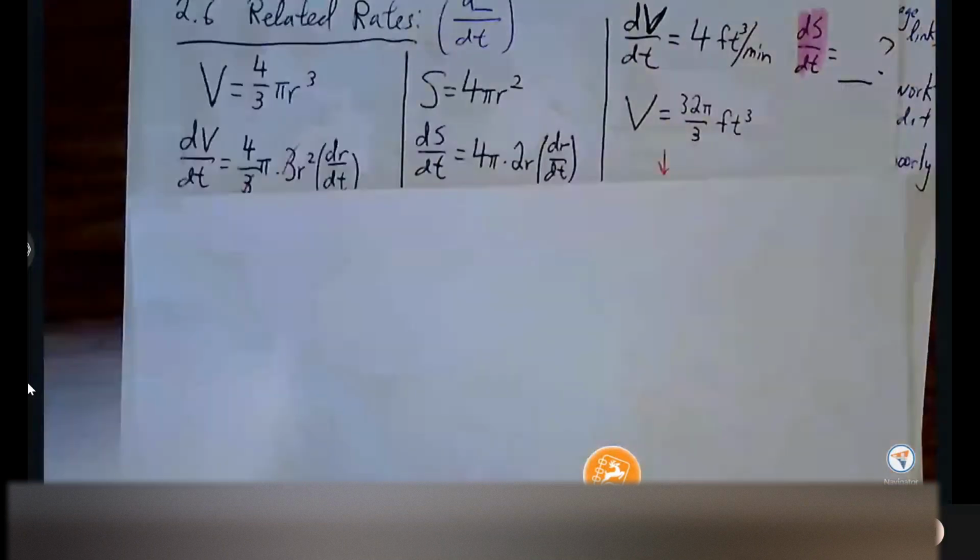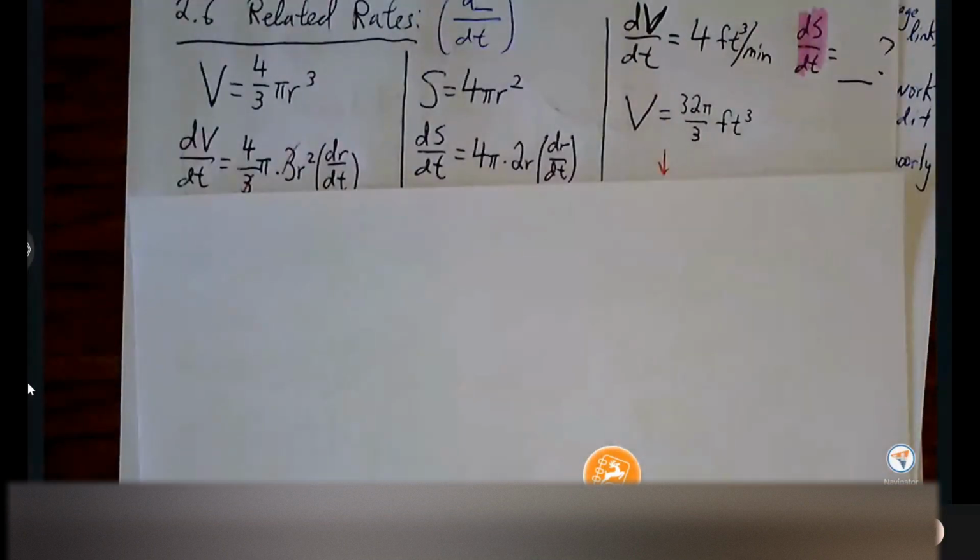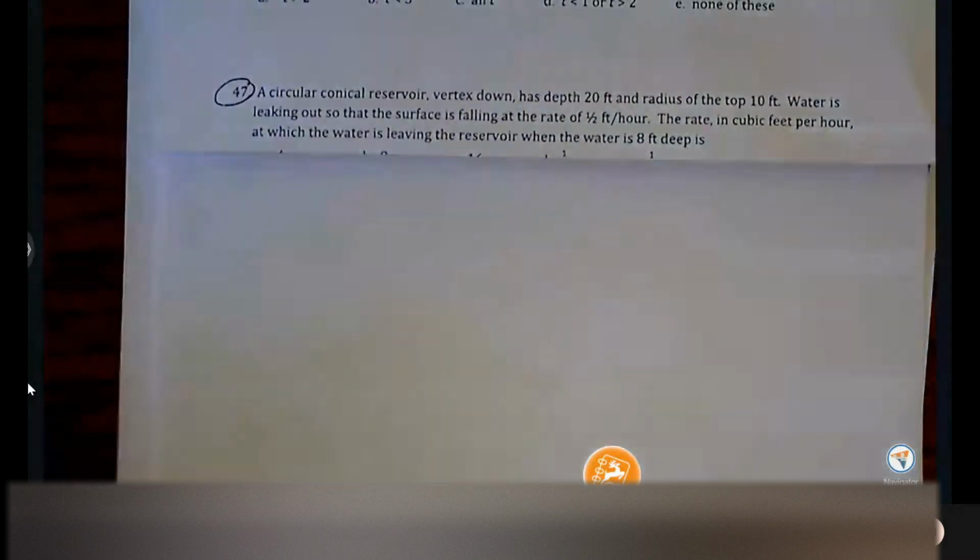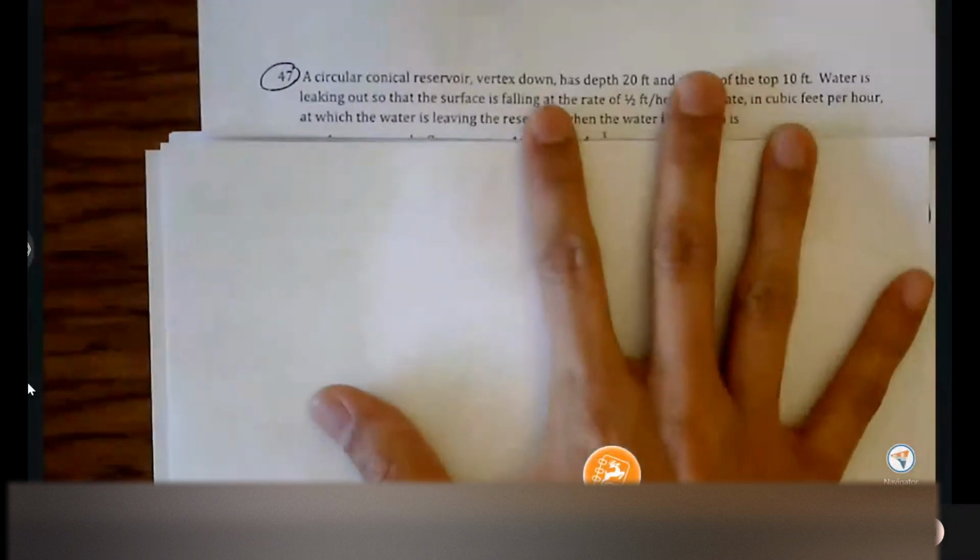Okay, so we have a circular cone, vertex down.